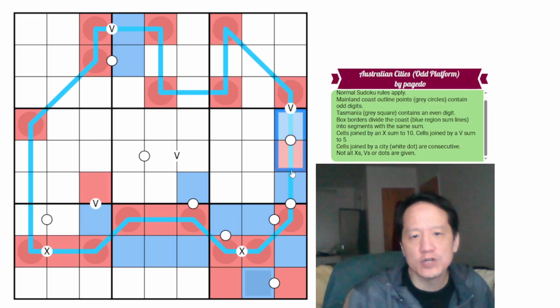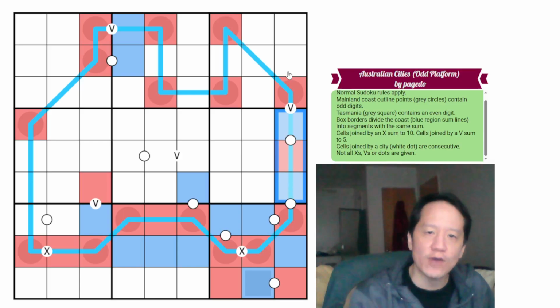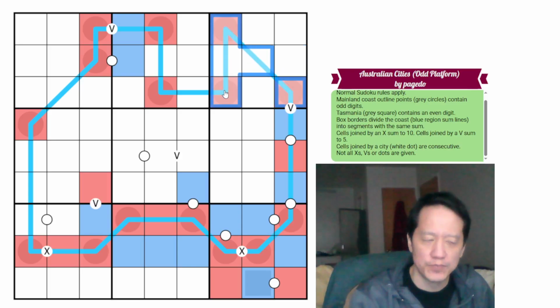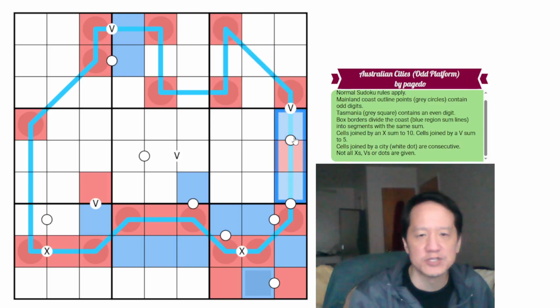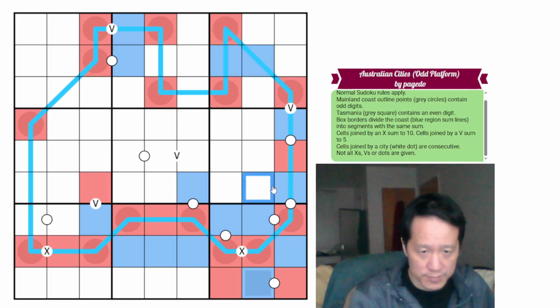But if you try to get 3 digits and add them together, the maximum is 7, 8, and 9, 24. So if all of these were odd digits, it would not work, because they would have to add up to 25, and 3 digits could not add up to the same value. Therefore, these are both even, because we need an odd value again, and we're not sure exactly what that is.